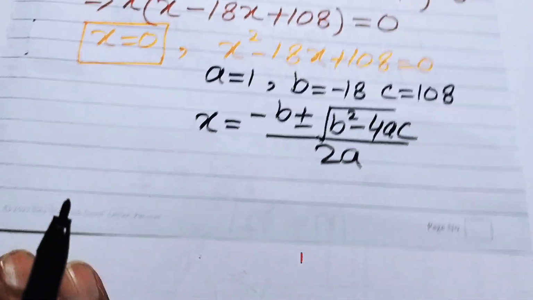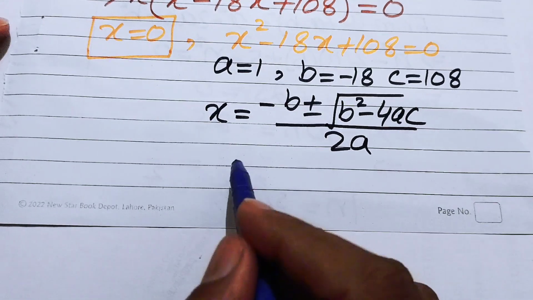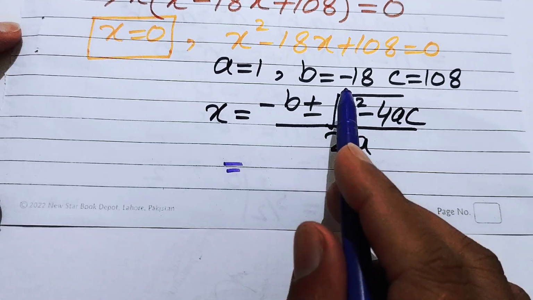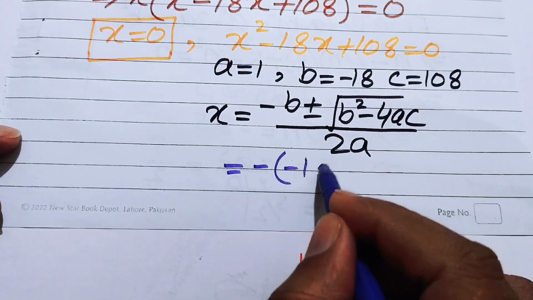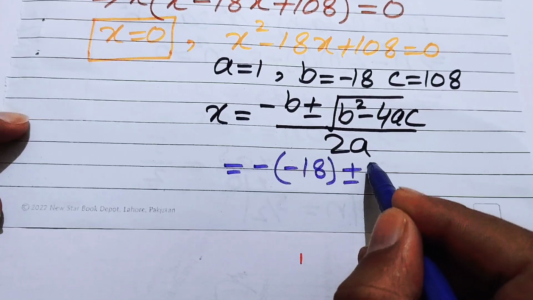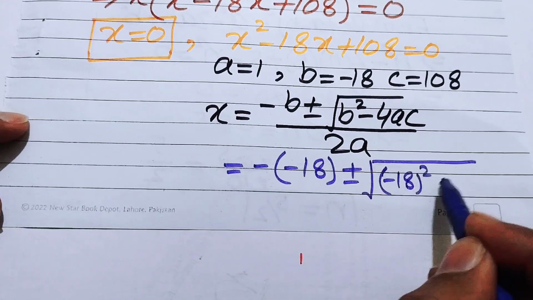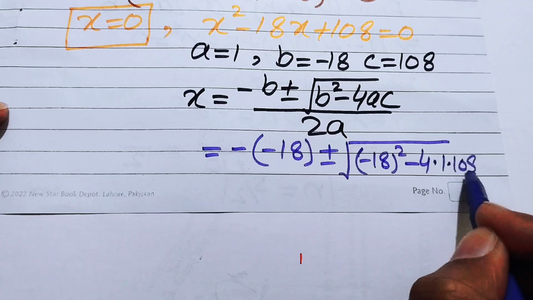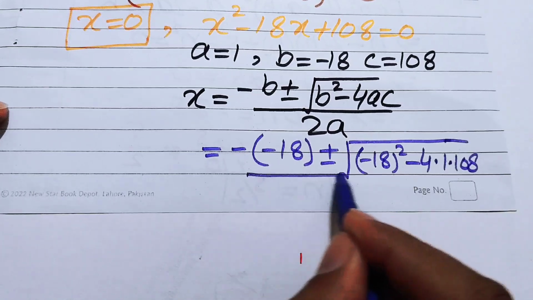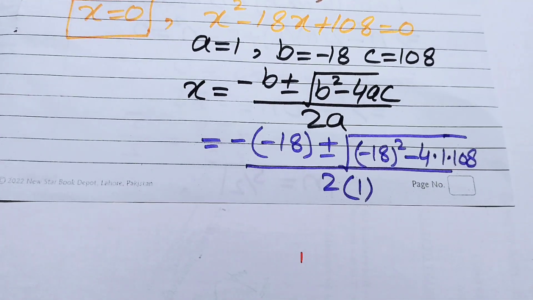Here we substitute the values of a, b and c, and we get the output in this form. So the value of b is minus 18, so when we substitute it becomes: minus of minus 18 plus minus square root of (minus 18) squared minus 4 times a is 1 and c is 108, and this whole divided by 2 times a, and our a is 1.